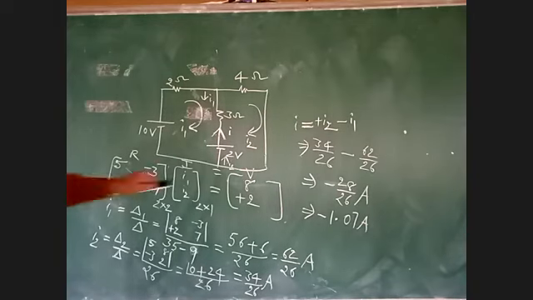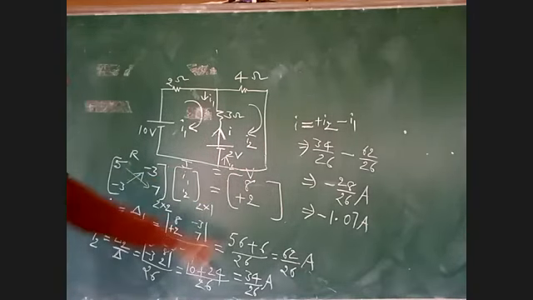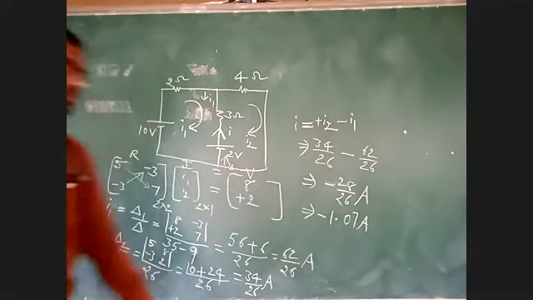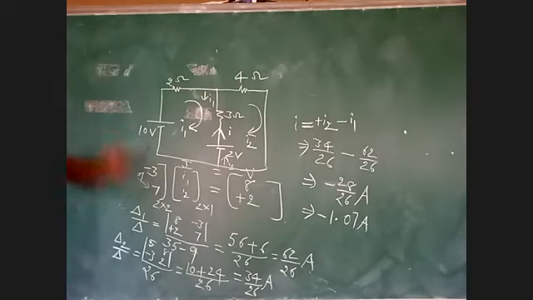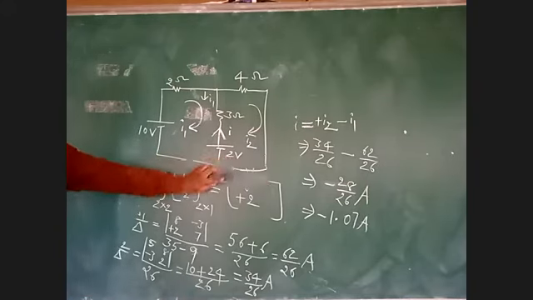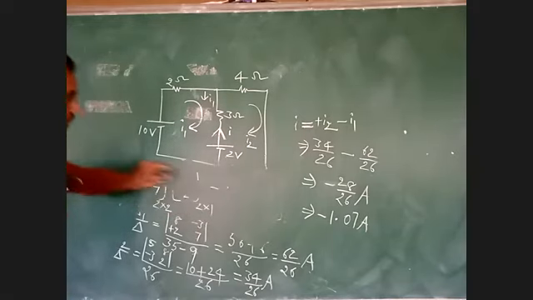Okay. Now, mesh analysis, I got 1.07 ampere. Now I will go for the nodal analysis. Mesh analysis is completed. In the problem, he is asking us to determine the current in this branch.